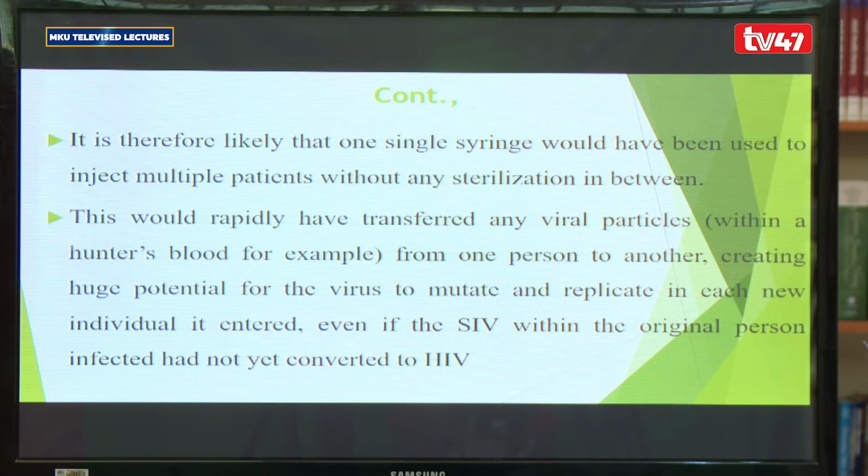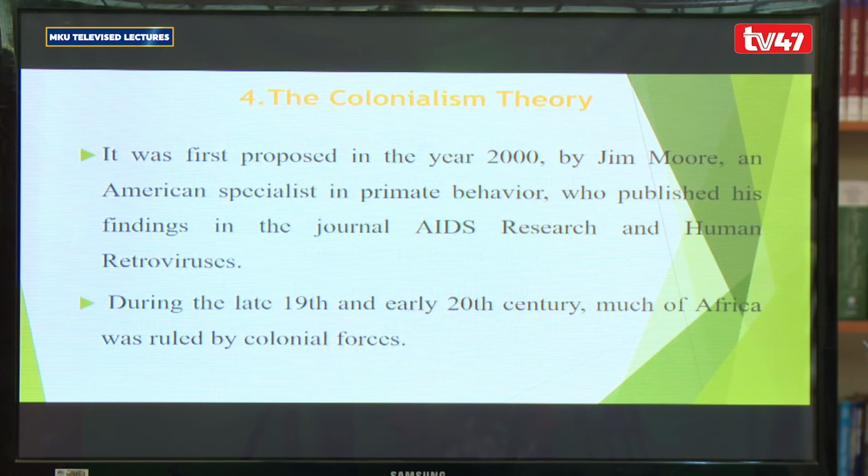So because there was no proper way of sterilization, there are high chances of contamination, because one needle could be used by two or three people, not unlike today. And that is why we have the viruses transferring to humans through contamination. The fourth one is the colonialism theory.